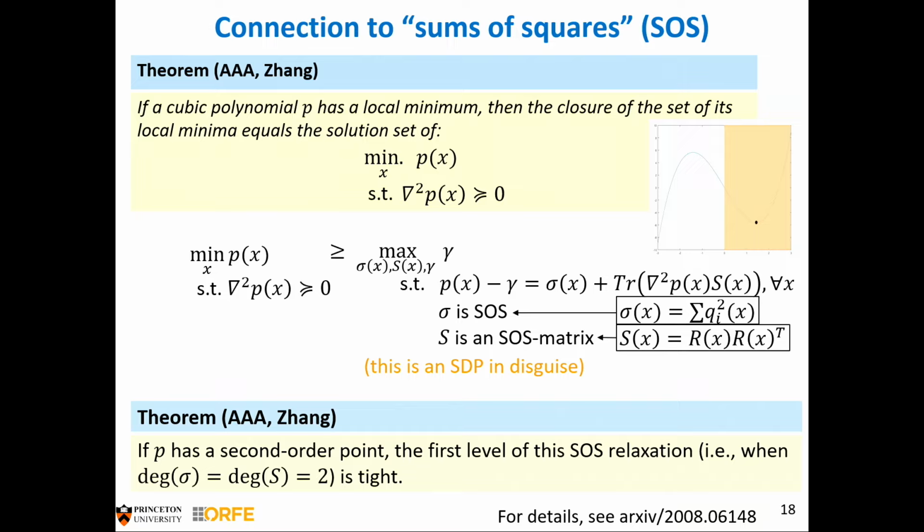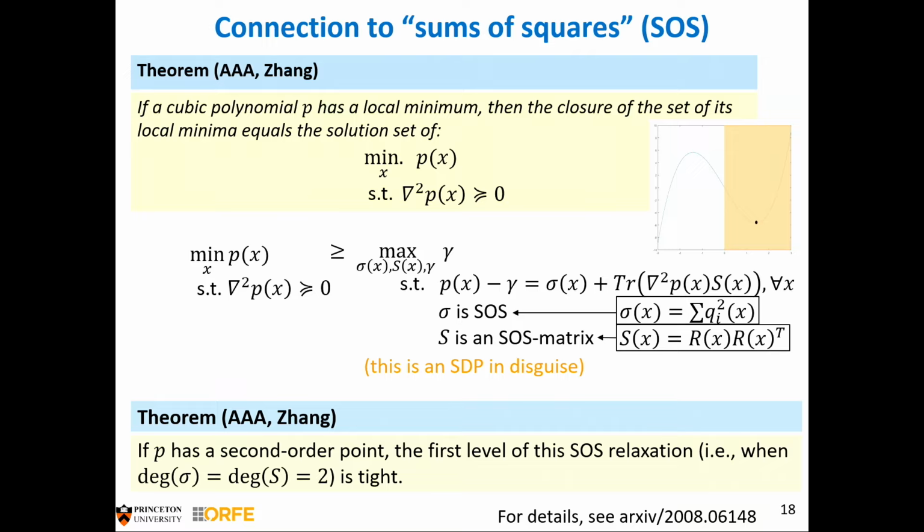If you pick an x which is primal feasible and plug it into this identity, the Hessian will be PSD, and an SOS matrix is PSD for any x. Then the trace of the product of two PSD matrices is non-negative, and sigma is non-negative because it's a sum of squares, so the right-hand side will be non-negative. That means p is at least gamma. This is what I argued is a proof of weak duality between these two problems.